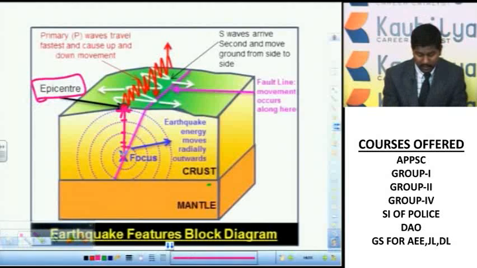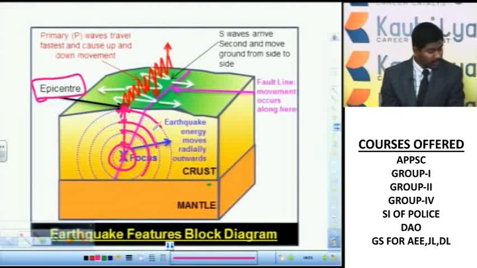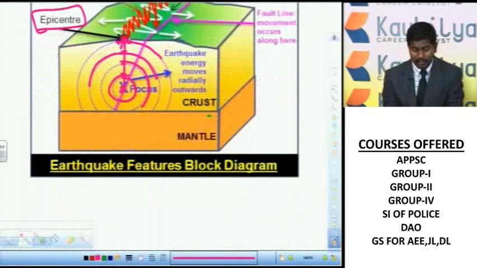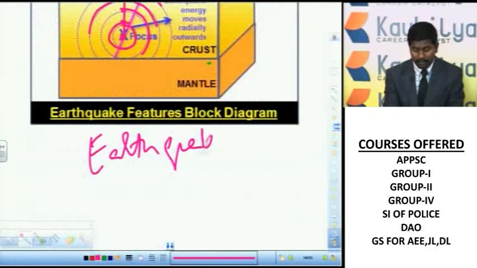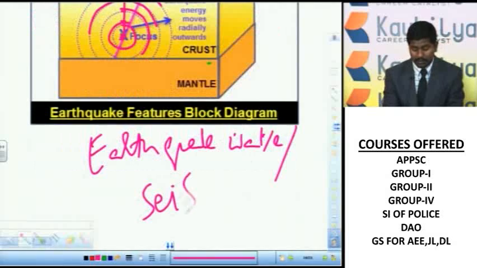Now these waves which come from the focus to the surface, from the focus to the epicenter in different ways, are the waves which carry this vibrating energy. These are called earthquake waves or seismic waves.